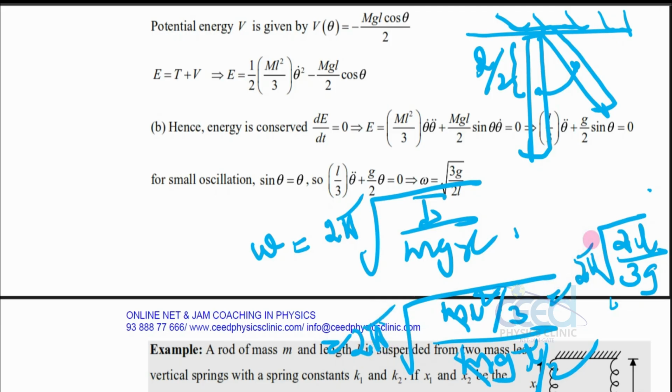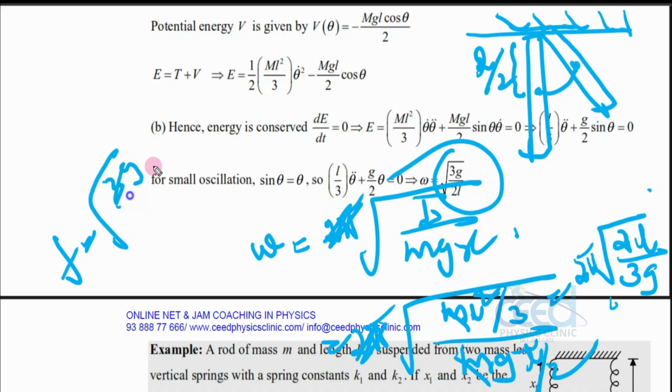Now what is our frequency? Frequency is 1 by 2 pi times omega, so you come to this expression, root 3g by 2L. This is the omega value, but frequency is 1 by 2 pi root mgx by I, so you can write root 3g by 2L.